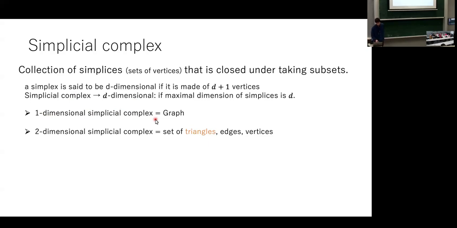For example, a one-dimensional simplicial complex is a common graph, which is composed of vertices and edges. The vertices are zero-dimensional simplices, and the edges are one-dimensional simplices. A two-dimensional simplicial complex is a set of triangles, edges, and vertices. If you take the subsets of a triangle, which are the edges, they are also elements of the simplicial complex.